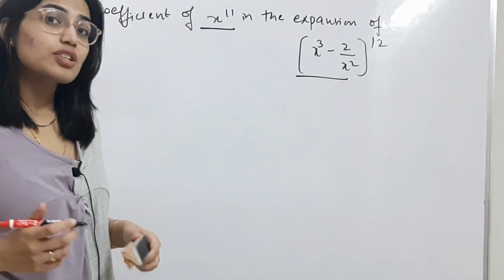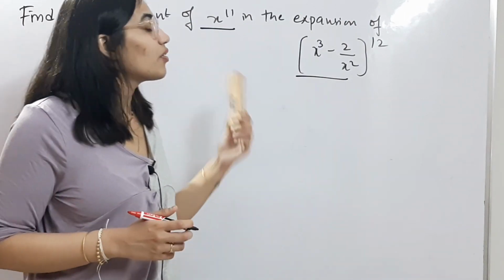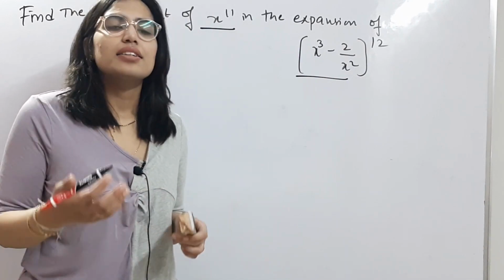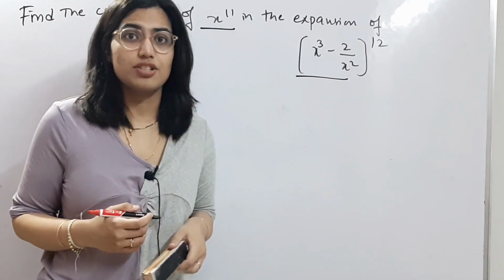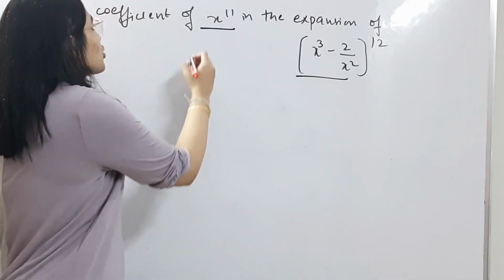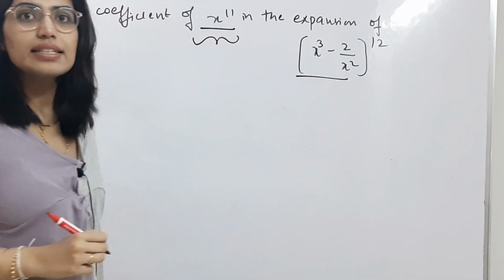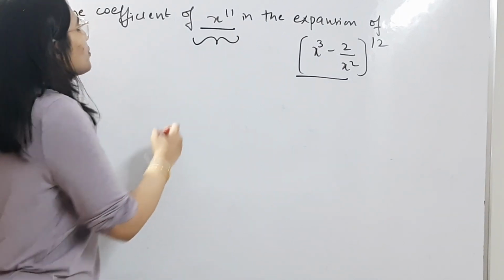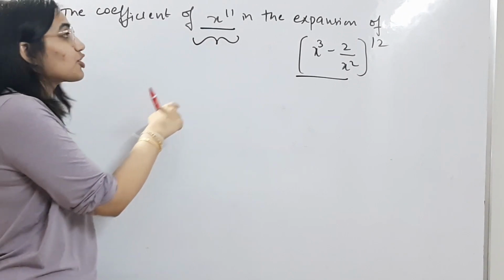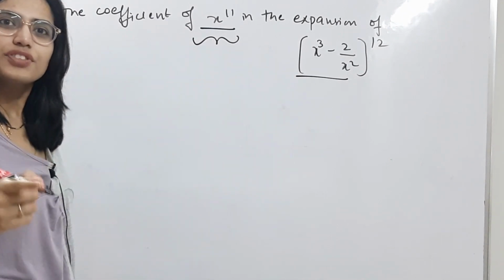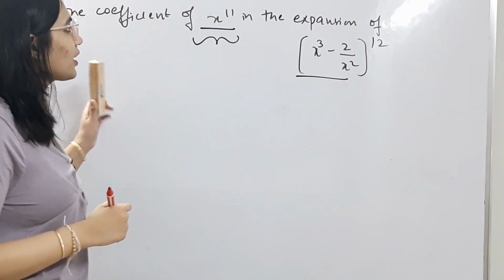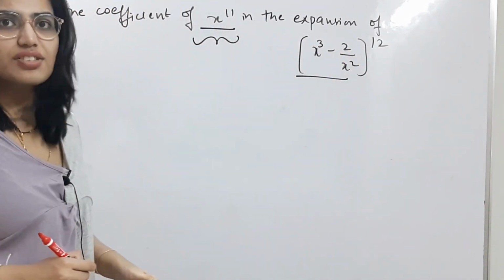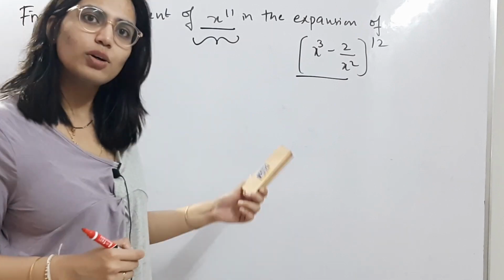Whenever they ask you to find the coefficient of x power of something, or y power of something, or xy power of something in a binomial expansion, you assume that this x power of 11 is a part of the general term, because we can't write out the whole expansion to find the coefficient. We have a short way to do it.